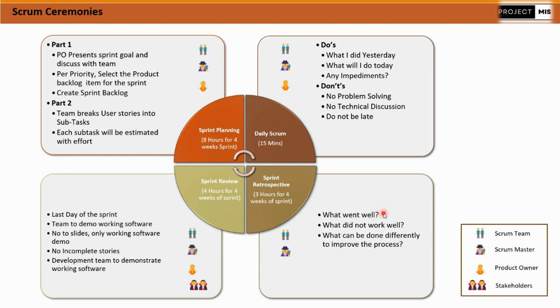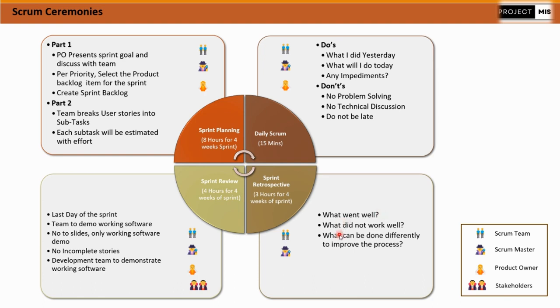What went well? Everyone from the team, the Scrum Master and the Scrum team members, can talk about what went well. This is about the positives they have experienced. That is the guideline or hint for us to maintain the same thing in the upcoming sprint.